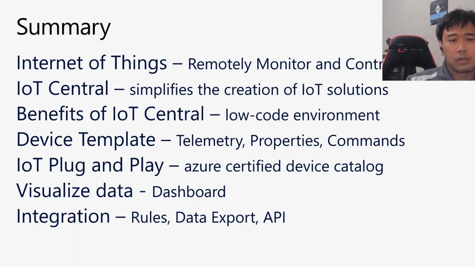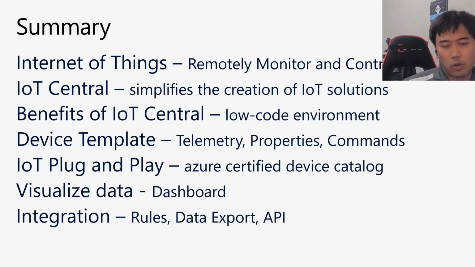We did talk about device templates, the difference between telemetry data, a property, and a command. IoT Plug and Play. We did talk about the device catalog where you can find existing devices out there that can help you get started. Visualizing data.